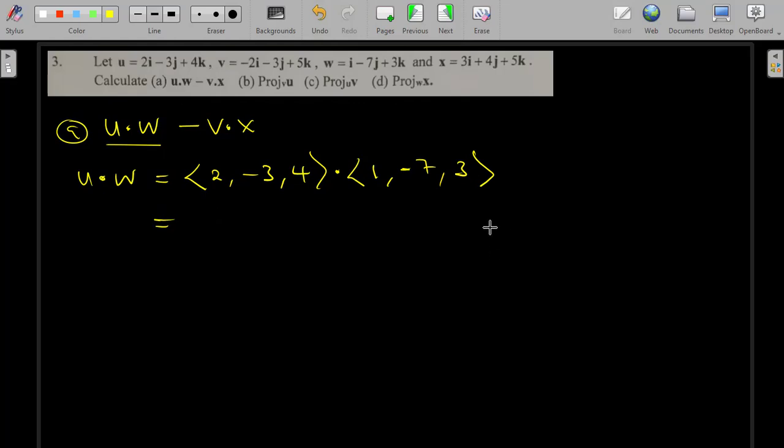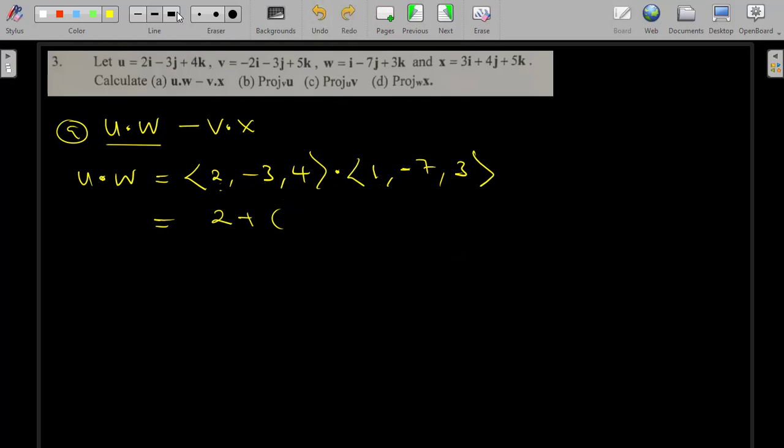So now, what do I get? I multiply component-wise. So 2 multiplied by 1 gives me 2. Then plus negative 3 multiplied by negative 7 gives me positive 21.